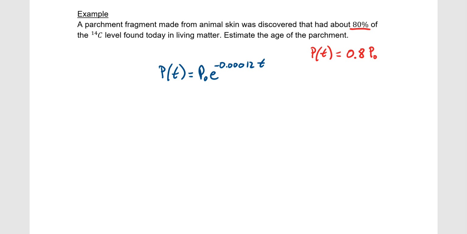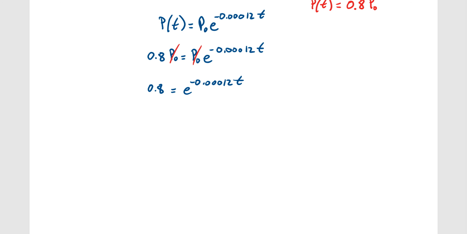So that means it's going to be 0.8 times P naught equals P naught e to the negative 0.00012 t. Divide both sides by P naught. We get 0.8 equals e to the negative 0.00012 t. And solve this for t, and that'll give us the age. So take the ln of both sides, ln of 0.8 equals negative 0.00012 t.